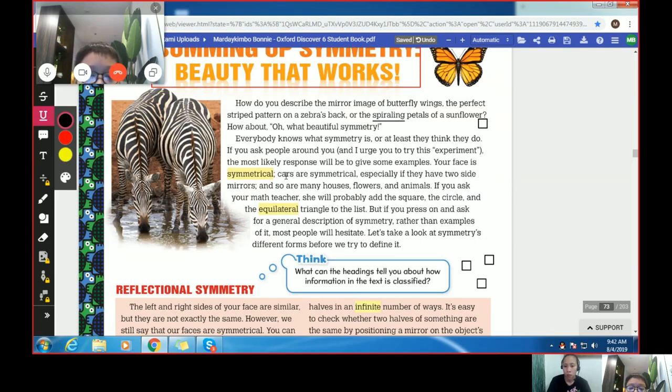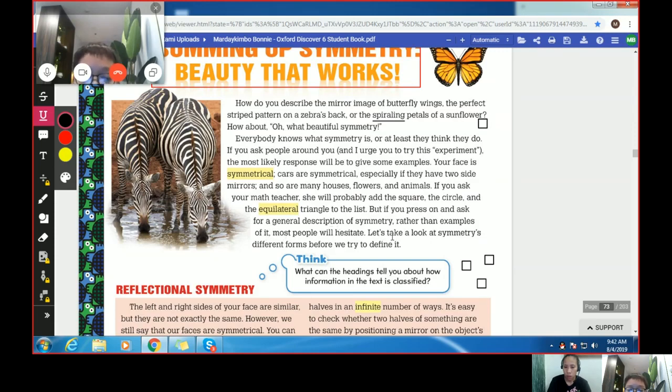Cars are symmetrical, especially if they have two side mirrors, and so are many houses, flowers, and animals. If you ask your math teacher, she will probably add the square, the circle, and the equilateral triangle to the list. But if you press on and ask for a general description of symmetry rather than examples of it, most people will hesitate.